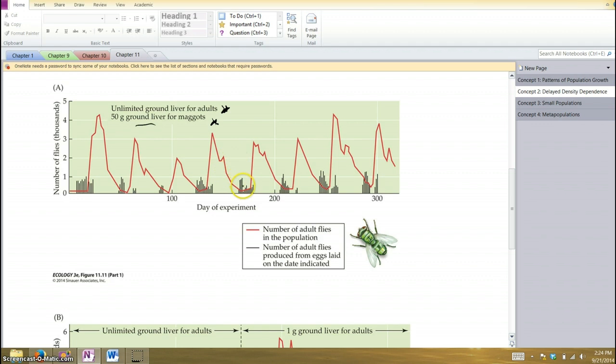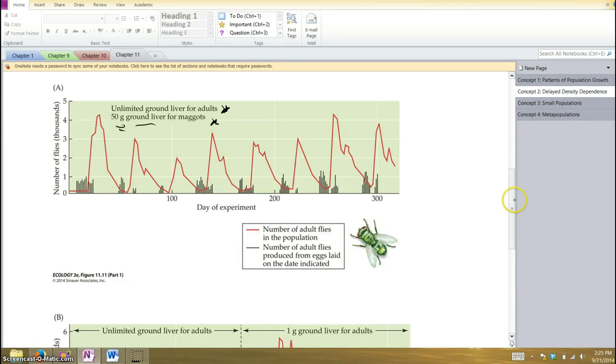Now, after the adult population decreases, they're going to lay fewer eggs, and now there should be plenty of food for those relatively few offspring. Those offspring do well, they mature into adults, the population can then grow, but then you just continuously go through this cycle where ultimately the offspring are limited by the amount of food, but there's always going to be a delay in the response.